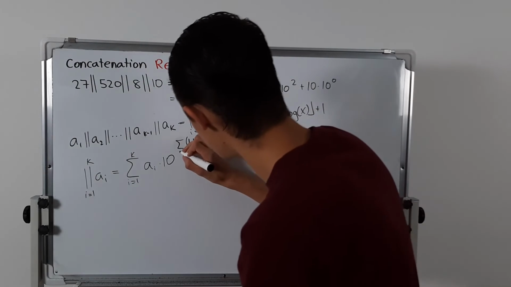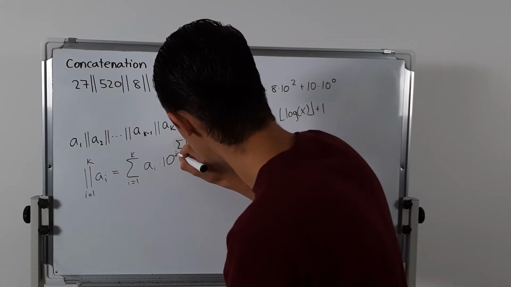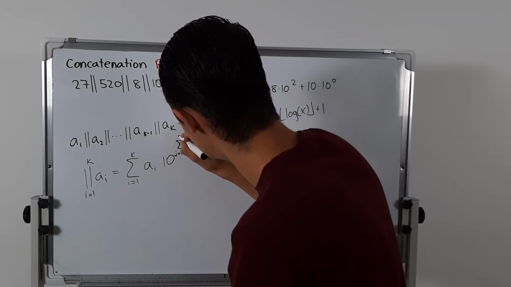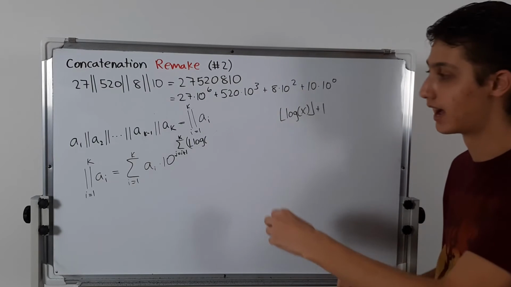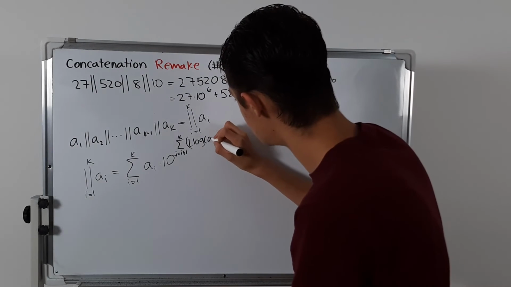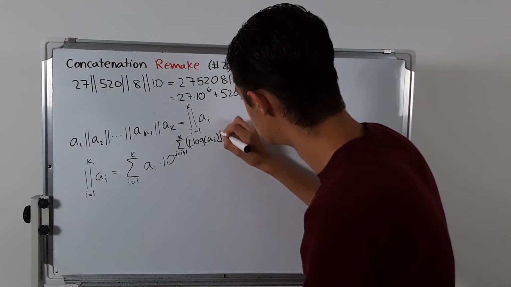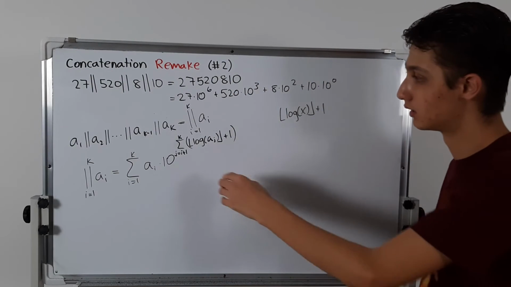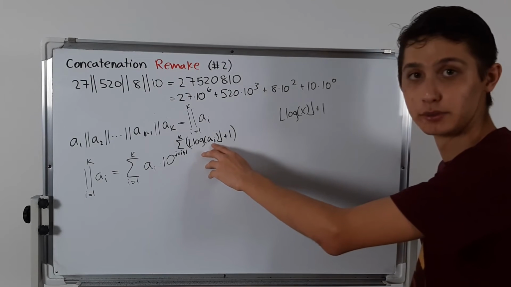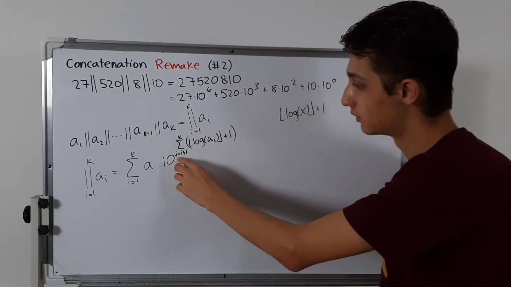So you could say an index j equals i plus 1 to k, all the way to k. Then this is log of a sub j plus 1. Or you could say log of a sub i plus 1. You don't even need to reindex it.